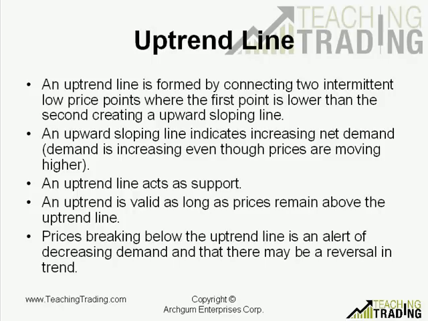An uptrend line acts as support. An uptrend is valid as long as prices remain above the uptrend line. So prices breaking below the uptrend line is an alert of decreasing demand and that there may be a reversal in trend.